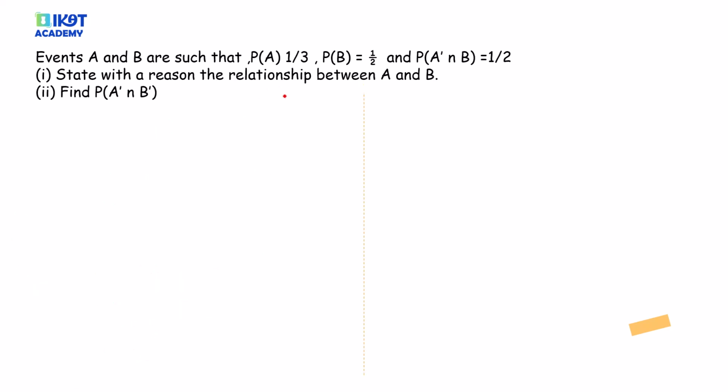Here the question says events A and B are such that probability of B is a half, and that of A complement intersection B is a half.